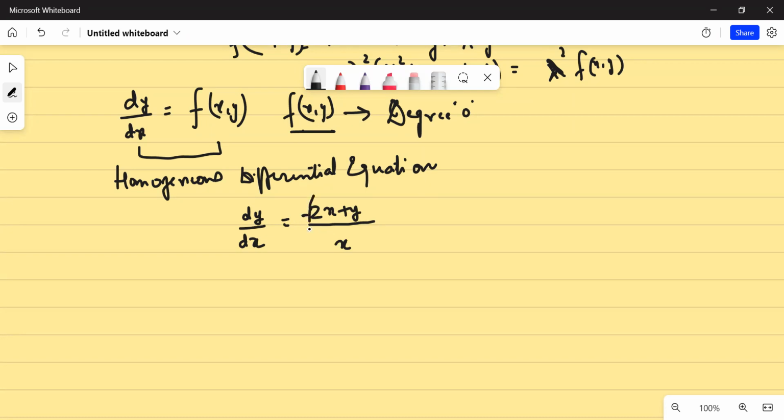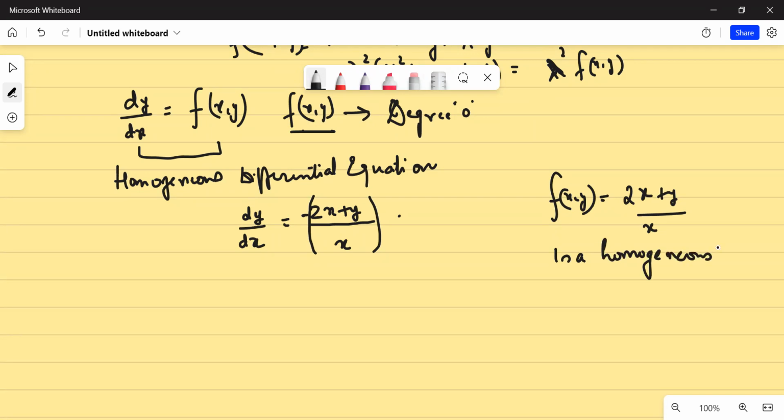You can clearly see that if you replace x and y with lambda x and lambda y in this function on the right-hand side, so 2x plus y upon x is a homogeneous function of degree 0, isn't it?